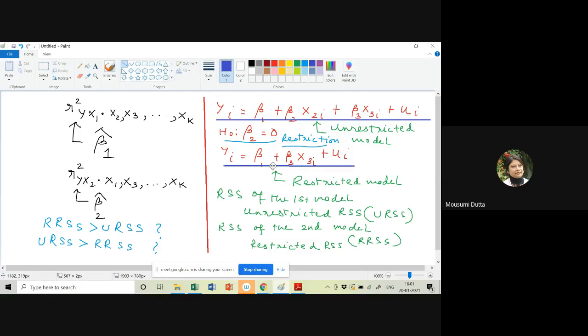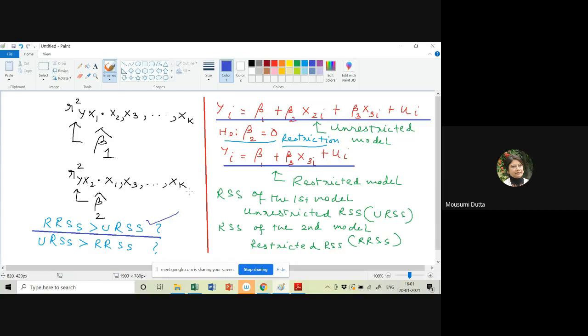So in the second model, we will have greater residual component, lesser explanatory power, whereas in the first model, we will have greater explanatory power and lesser residual part. So in general, it is true that RRSS is greater than URSS. The restricted RSS will be greater than URSS because in the restricted model, we have lesser explanatory variables.